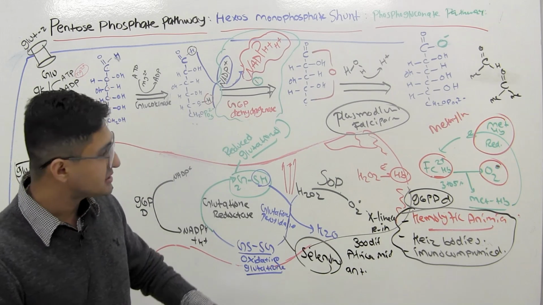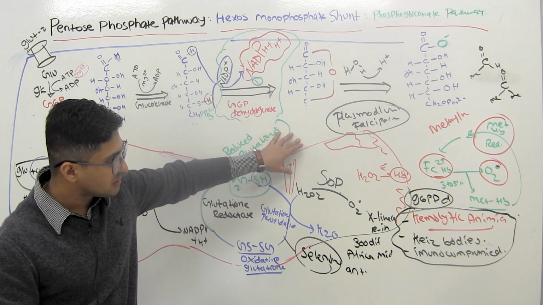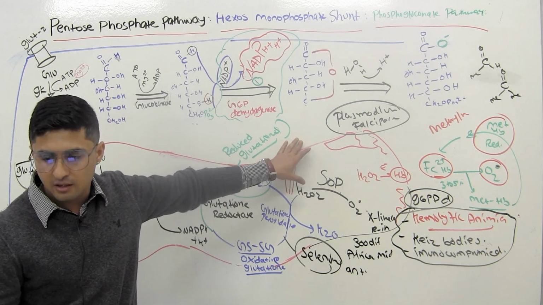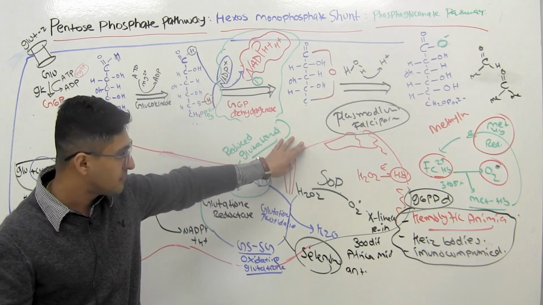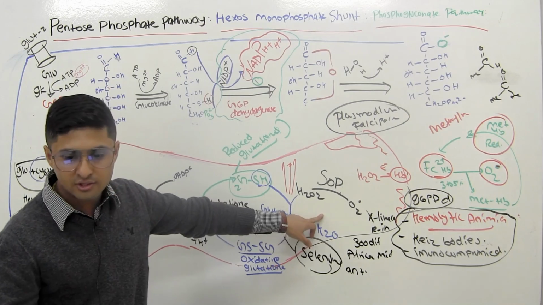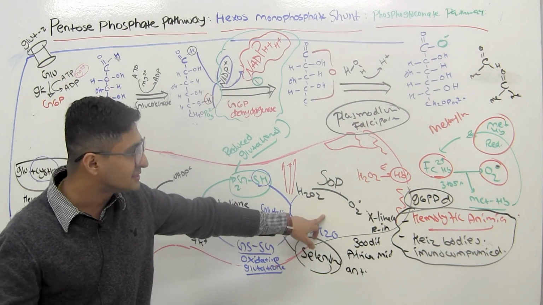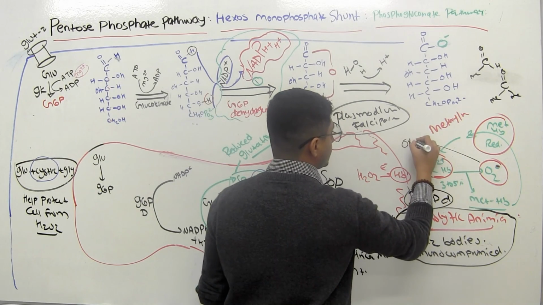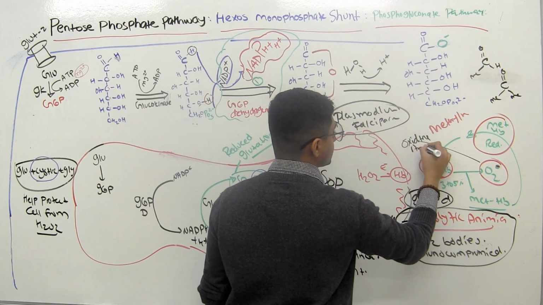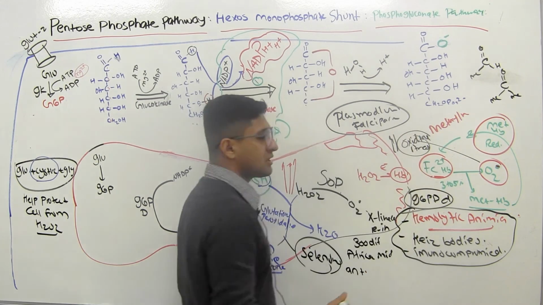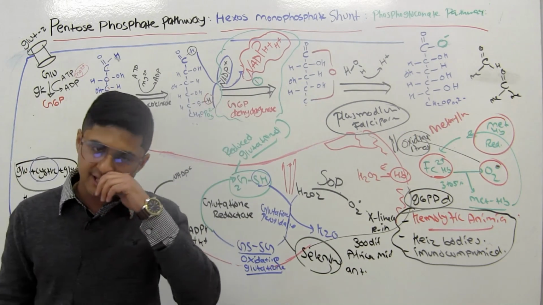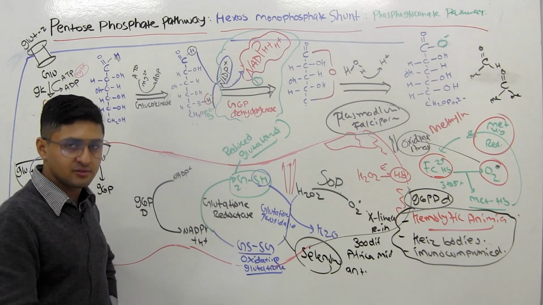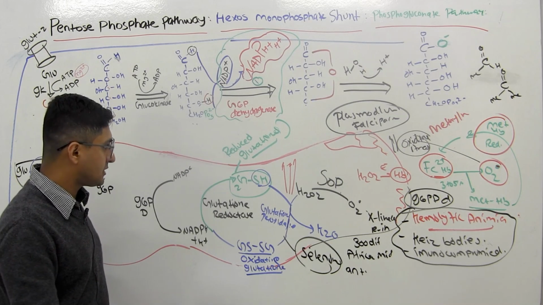So as I said, whenever you have glucose 6-phosphate deficiency, you're going to have reduced NADPH, which means you're going to have reduced glutathione, because you're not making glutathione. That means you're going to have increased sensitivity to oxidative stress. So you're going to have Heinz body formation and also hemolysis, which is why the hemolytic anemia will happen.